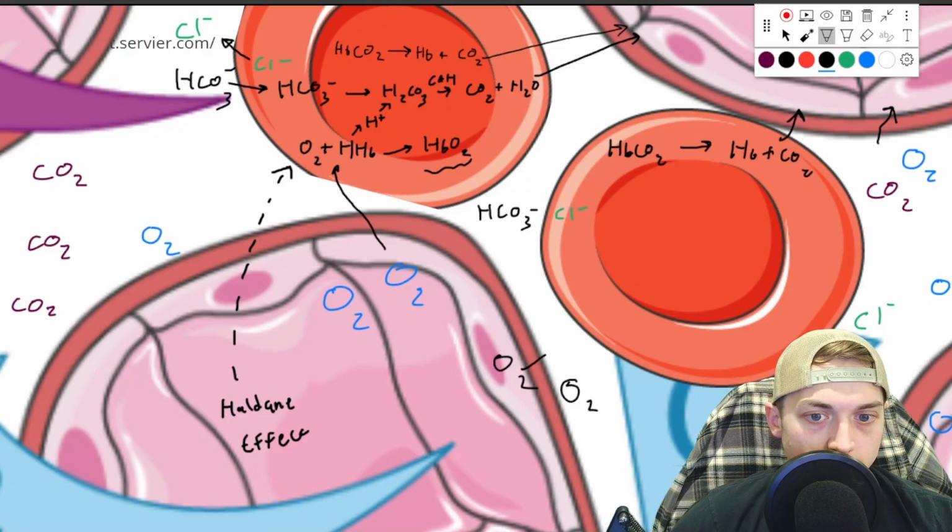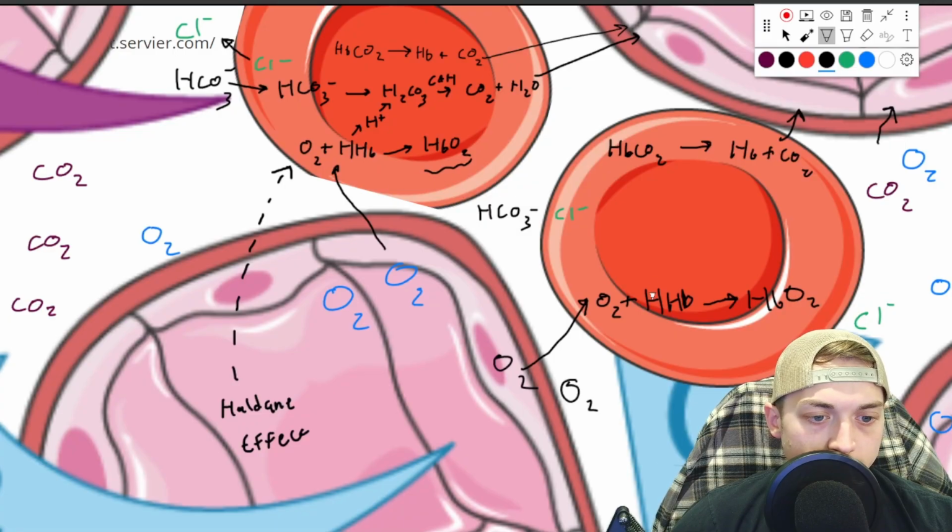Okay, so we got oxygen plus that hydrogen ion with that hemoglobin, HHb. They're going to react together, and then we're going to get our carboxyhemoglobin.